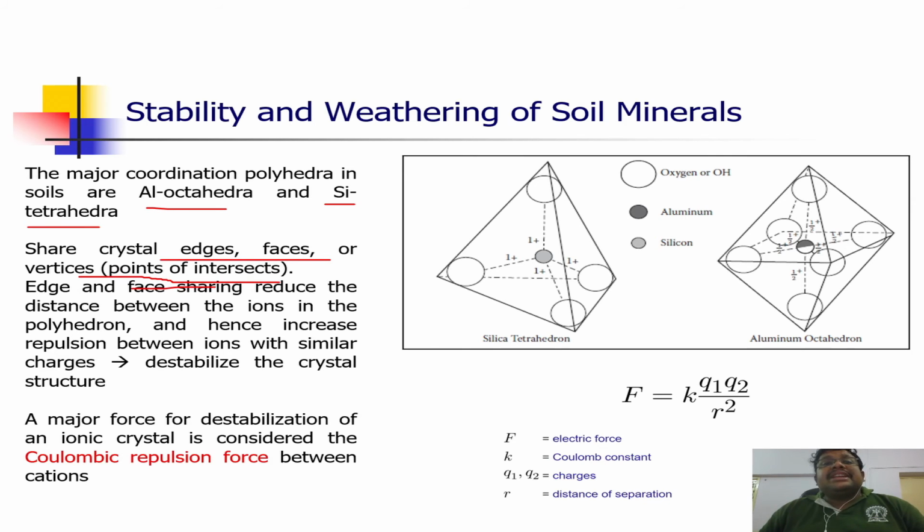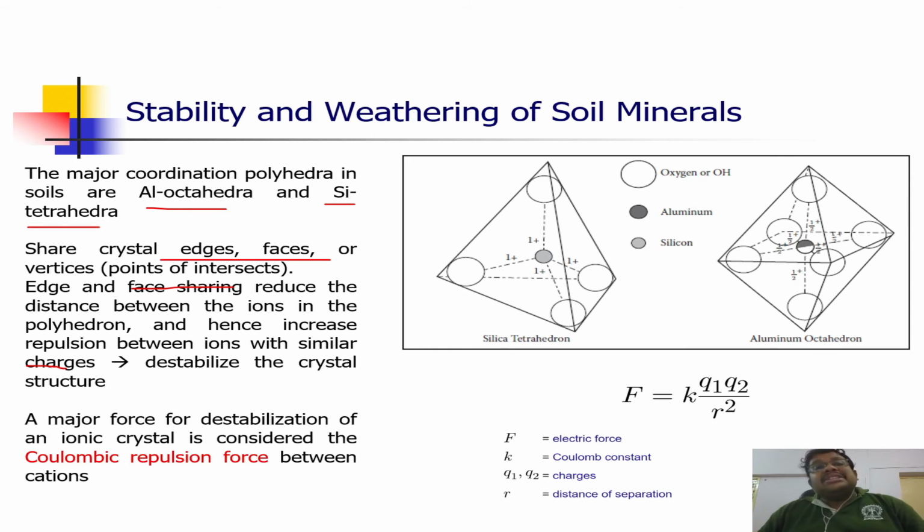So edge and face sharing reduces the distance between the ions in the polyhedron, and hence increases the repulsion between the ions with similar charges. So when there is an increase in the repulsion between the ions with similar charges, obviously that destabilizes the crystal structure. So we'll discuss this phenomenon in detail when we will be talking about the chemical composition of different inorganic components of the soil.